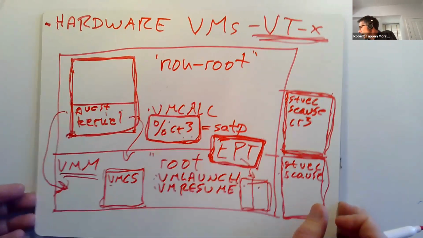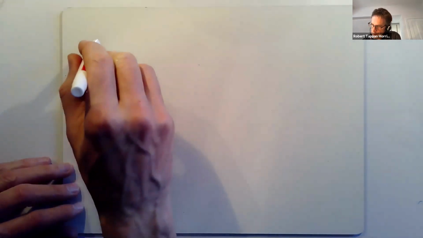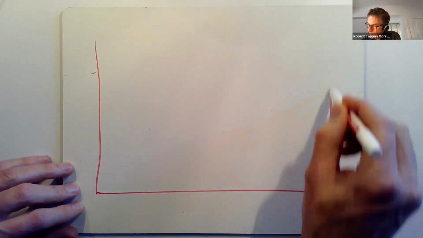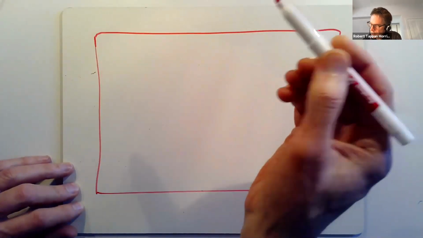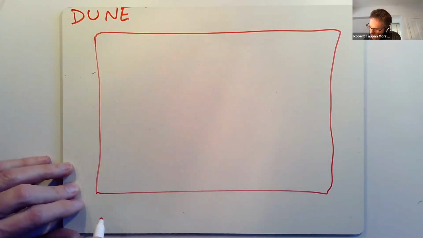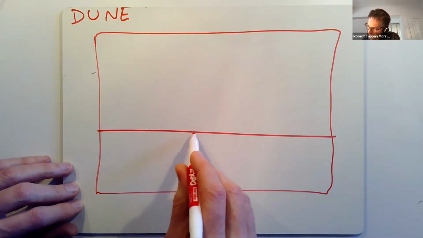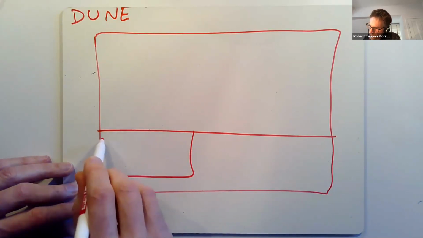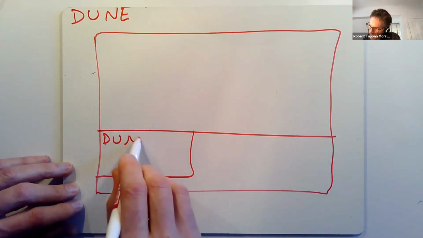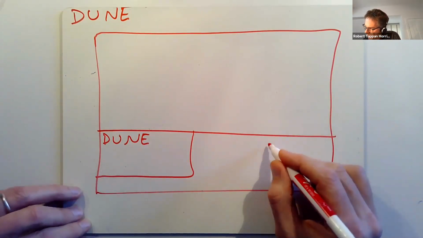Their high-level view of what they're doing is they want to implement ordinary processes. So now we're back in just Linux, no virtual machines anymore, just Linux, but assuming VTX hardware. So this is Dune. We have Linux, and we've assumed we've loaded the Dune loadable kernel module into Linux. So now this Dune software is running in supervisor mode as part of the Linux kernel.